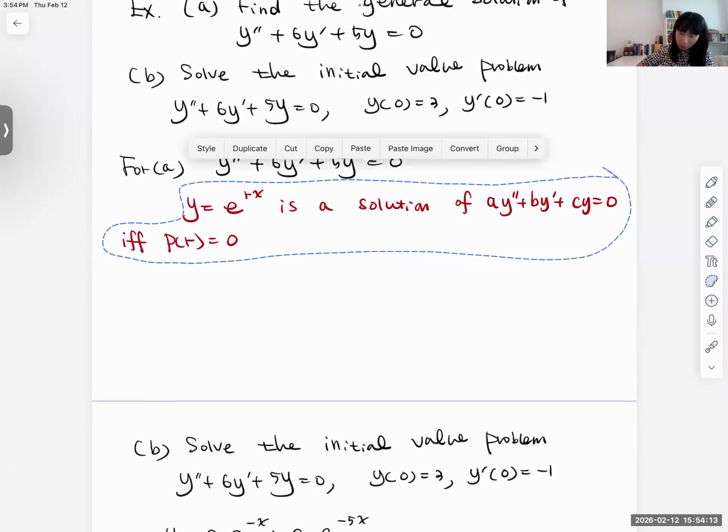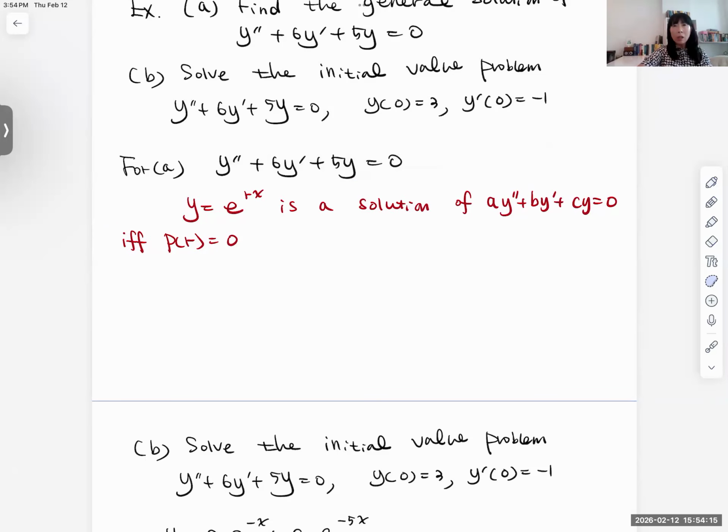Then P of r, we need to set it up. Then find r, right? So there will be P of r, which is r squared plus 6r plus 5 equal to 0, right?